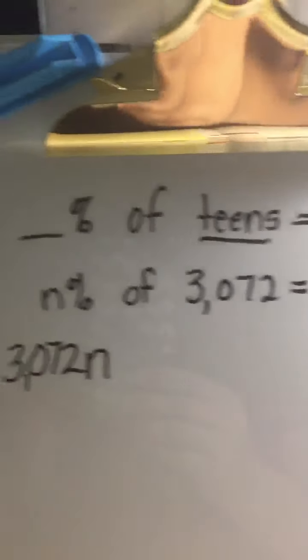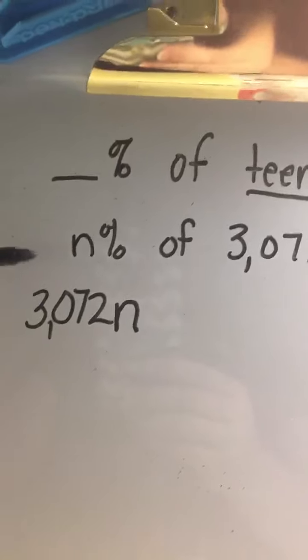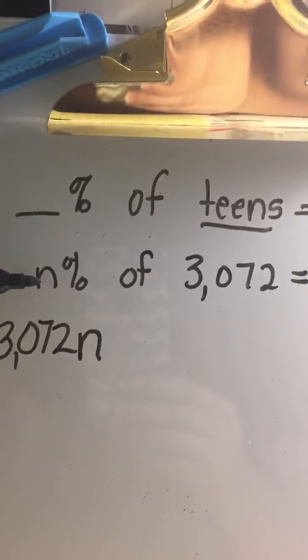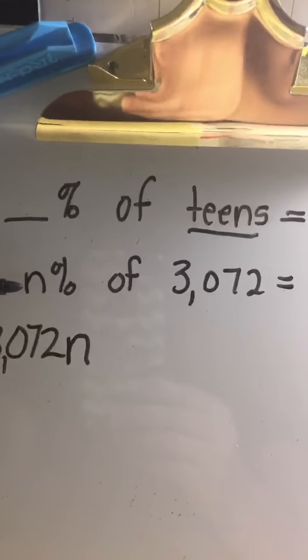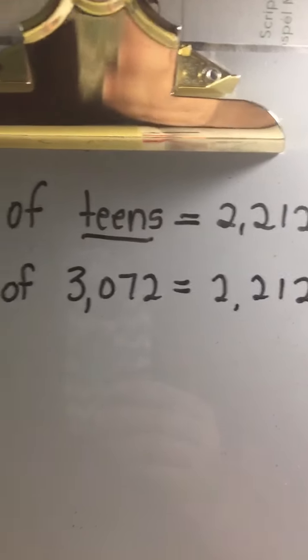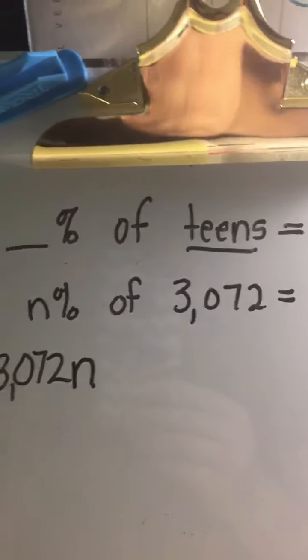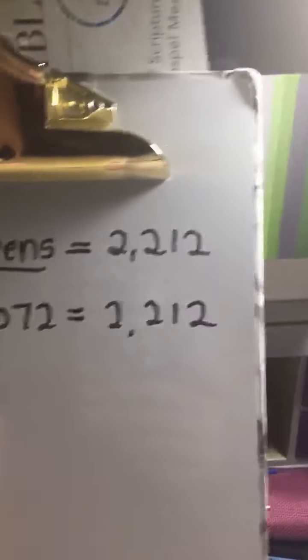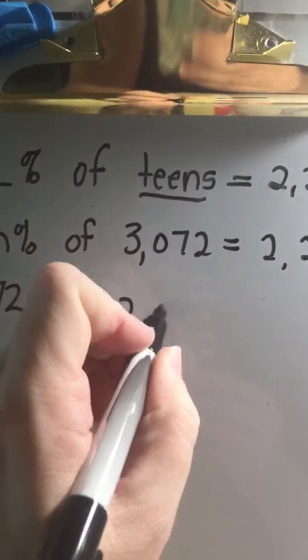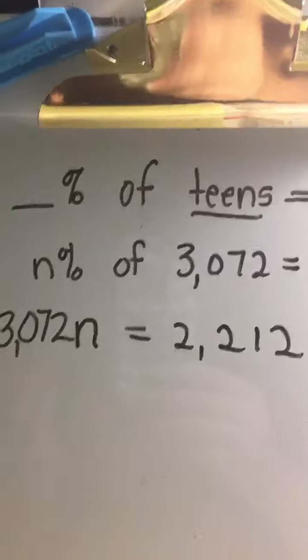But it is more acceptable when you're writing it to put it in front. Okay, so we have N% of 3,072 equals 2,212. Oops, I forgot to put equals. All right, so it's the same process.